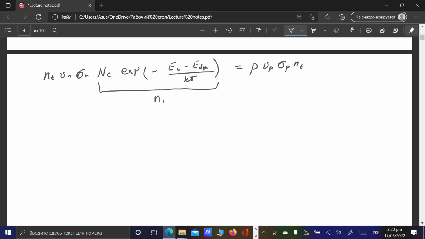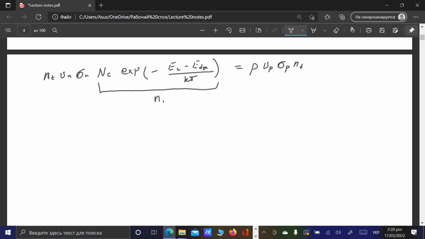So if this left and right are equal, we have the condition for this demarcation energy level for electrons. The left side gives us probability of detrapping an electron from this energy level, and the right side gives us probability of a recombination act between a trapped electron and a hole from the valence band.